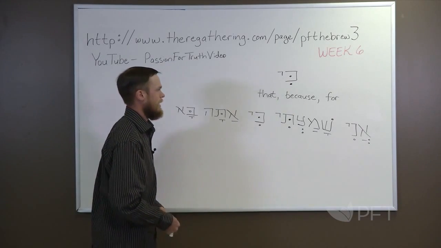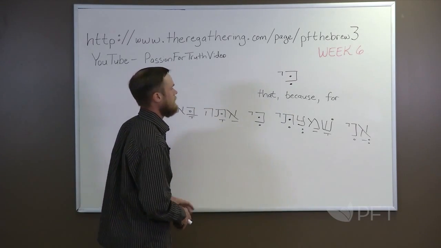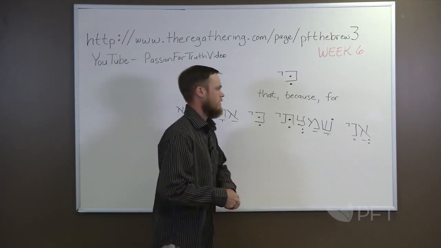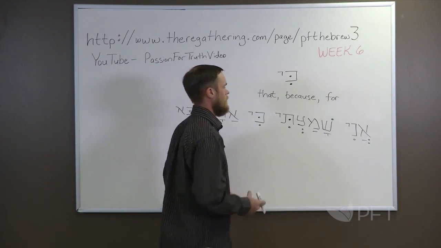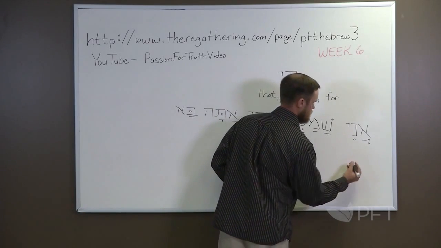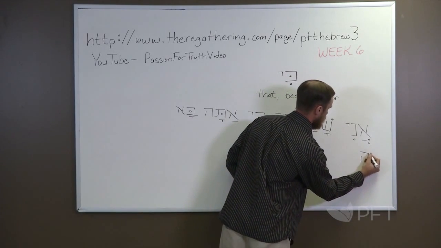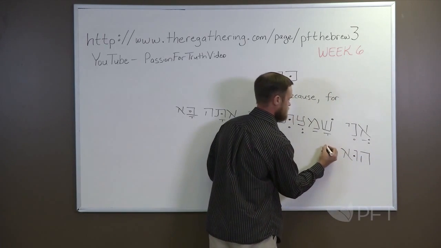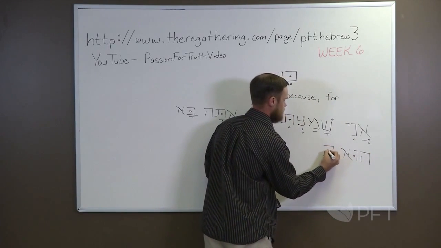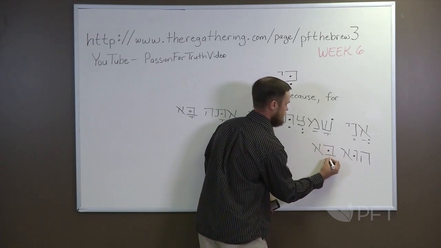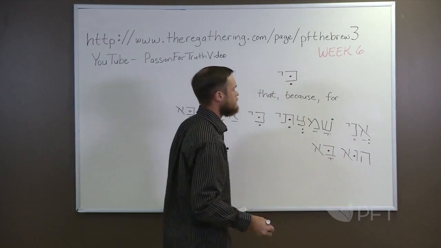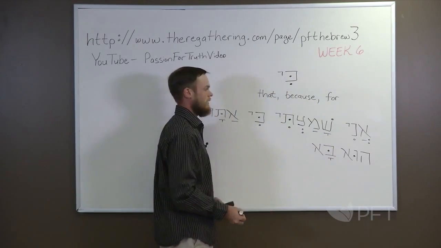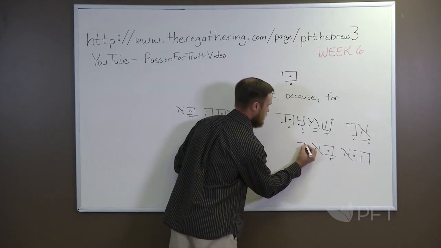So the example I have at the bottom of the page that talks about ki. All right, he is coming. Hu ba. All right, he is coming. Why is he coming? Well, he's coming.